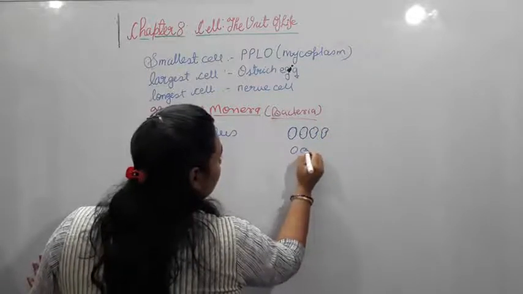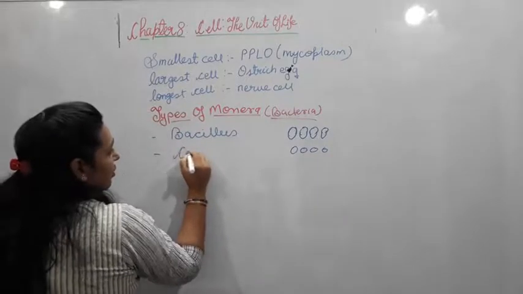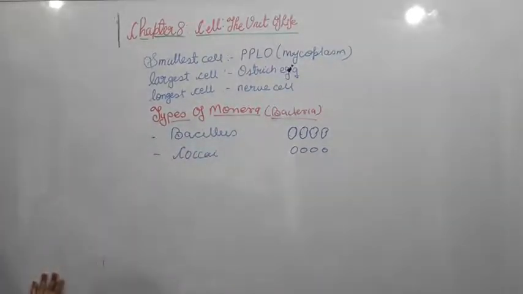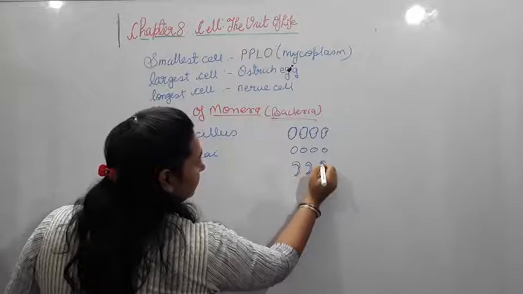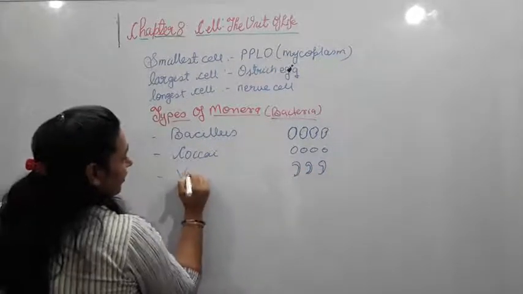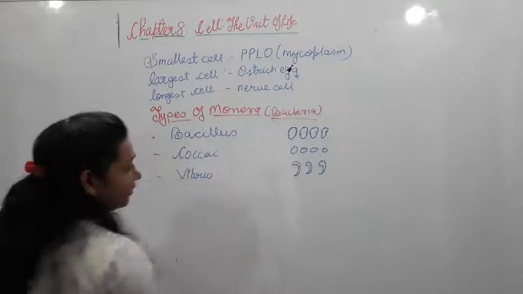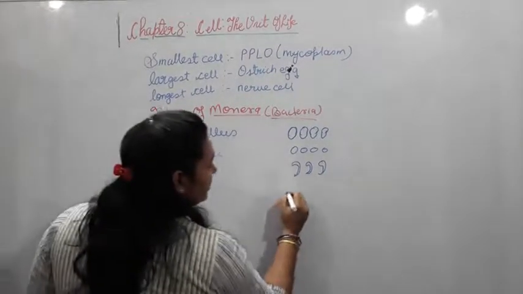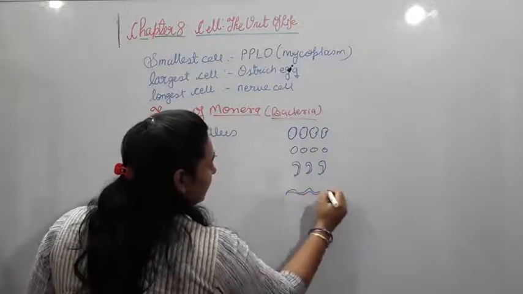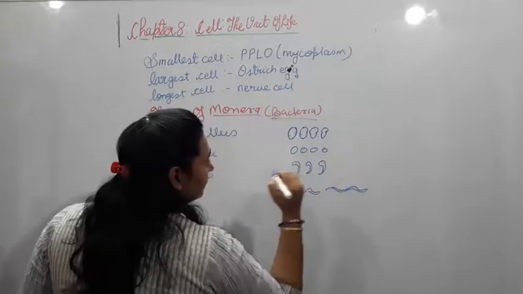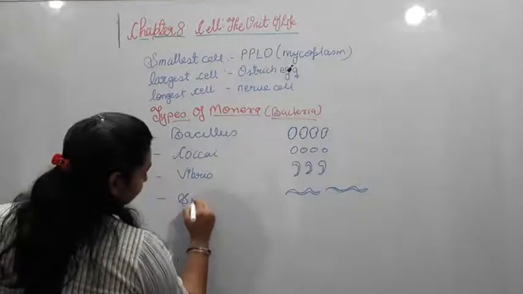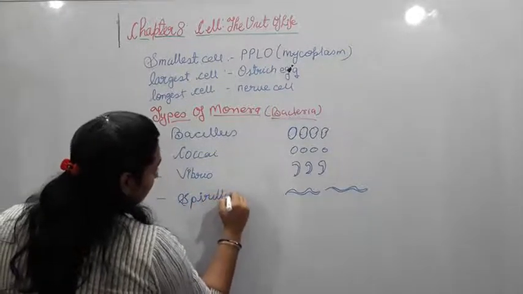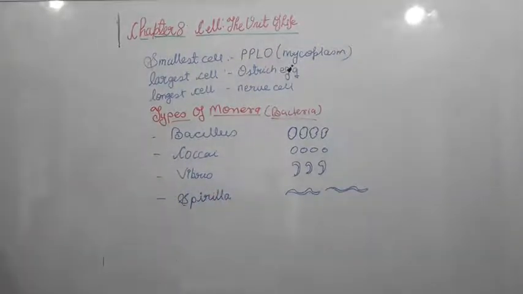If you see the circular ones, these are cocci, right? If you see comma shaped, these are the vibrios. Remember? And if you see somewhat zigzag like this, these are the what? Can you guess? Okay, these are the spirilla. So on the basis of their shape, they have been differentiated into 4 different types, right?